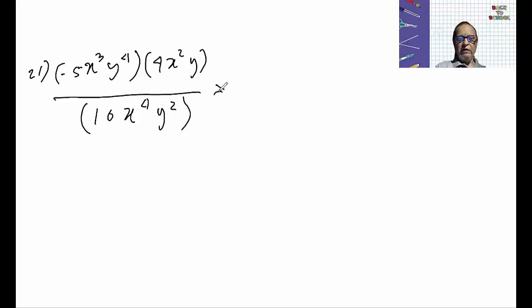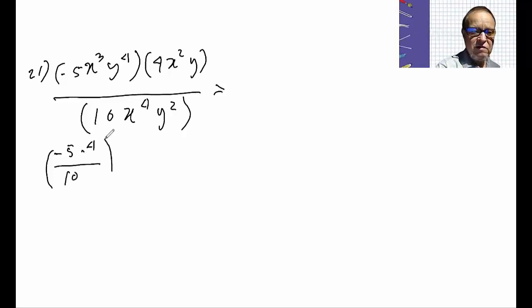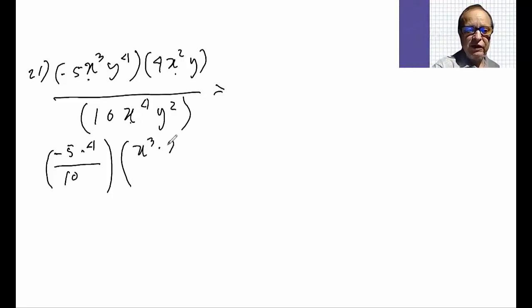So again, I'll put together a bracket with all my numbers in it. So I have negative 5 times 4 divided by 10. And then I'll take all my x's. I have an x here, I have an x here and on the bottom there. So an x cubed times x squared, and then it's divided by x to the 4th.